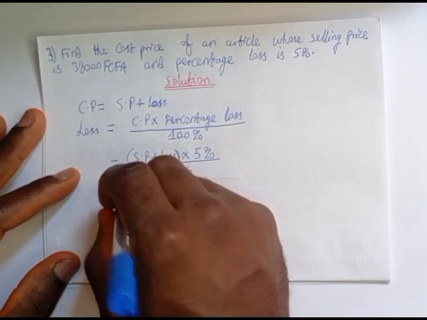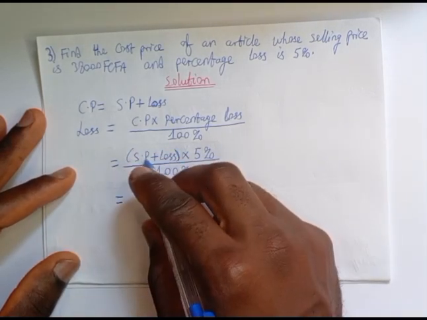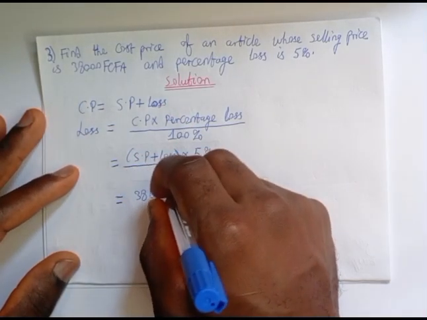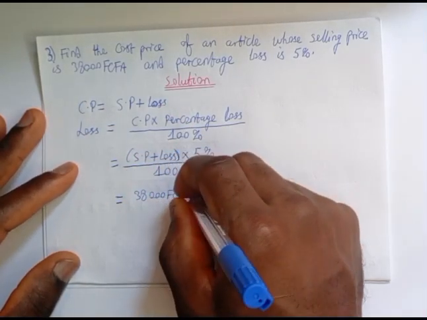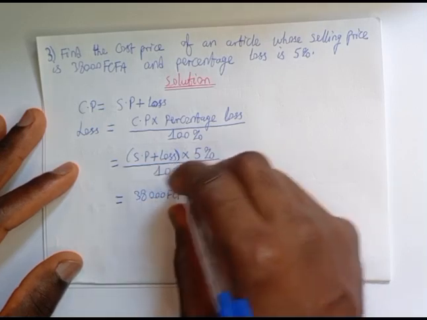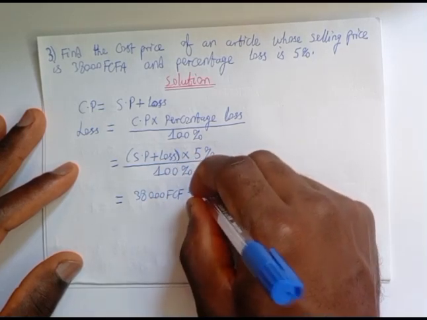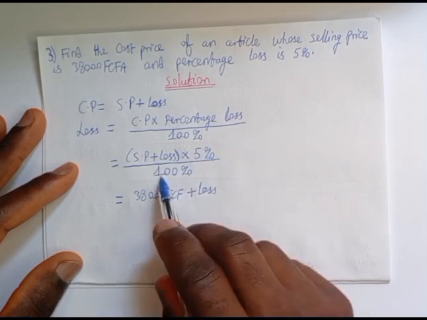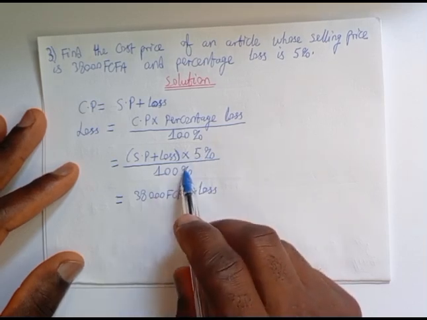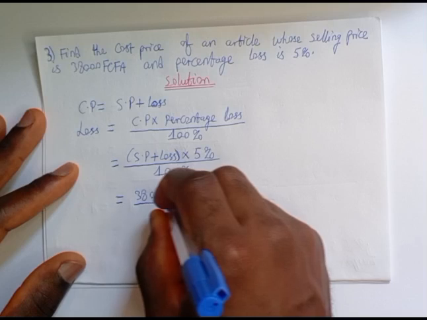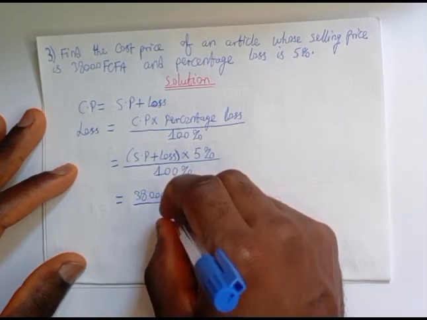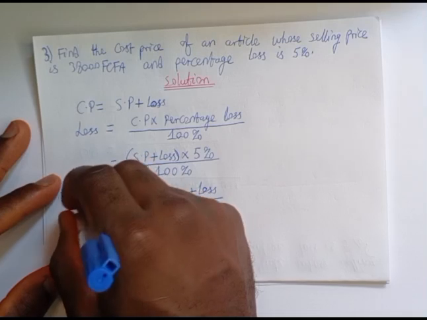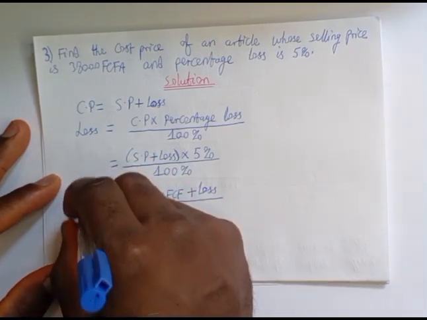This will be equal to the selling price. You know the selling price as 38,000 francs CFA plus the loss. Remember this, we strike off 5% where 1 goes into 100% 20 times, so all over 20. This is what we are going to have. We know this is the loss. We can write the loss as loss over 1.